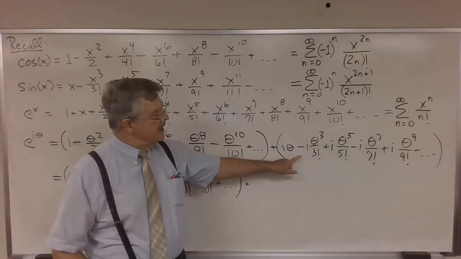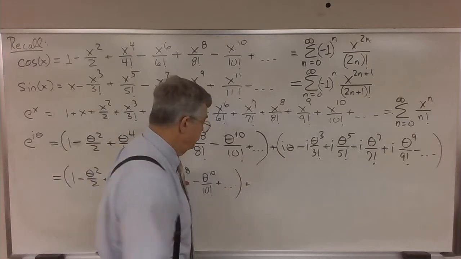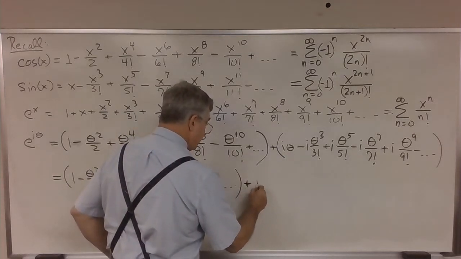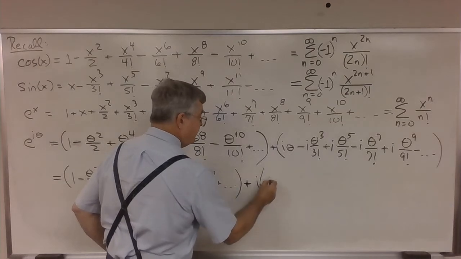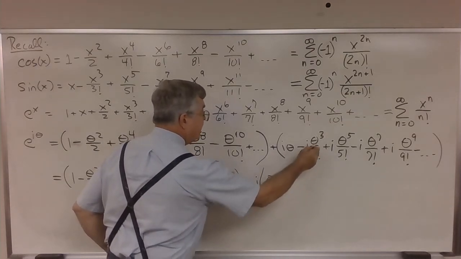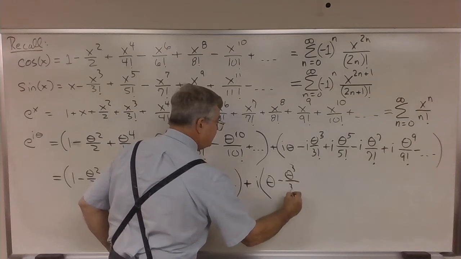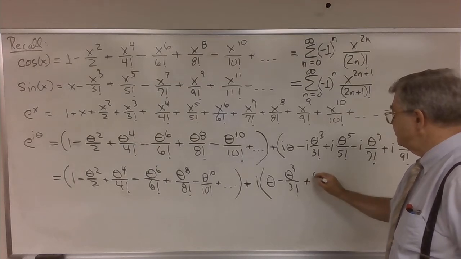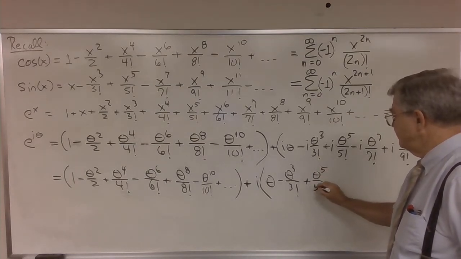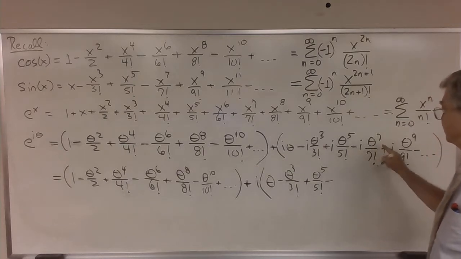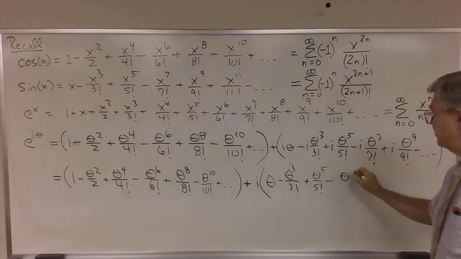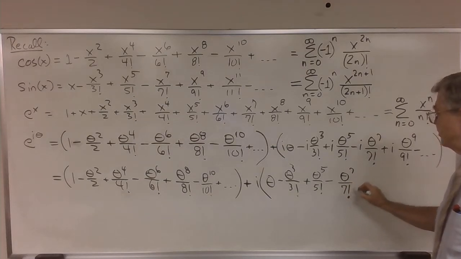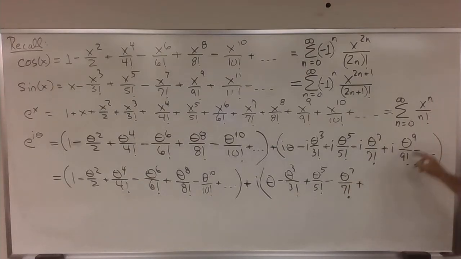I'm going to factor the common factor of i out of these terms. So I have left theta minus theta cubed over 3 factorial plus theta to the 5th over 5 factorial minus theta to the 7th over 7 factorial plus theta to the 9th over 9 factorial.